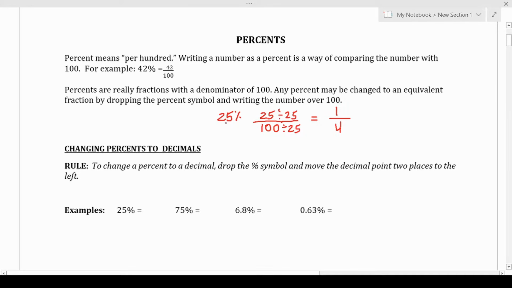So in other words, 25% is the same as 25 over 100, which can be reduced further to 1/4. Okay, so that's an overview of percents. Again, percents are just fractions over 100.